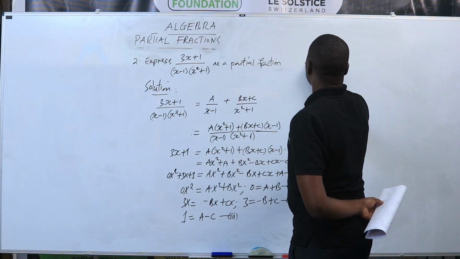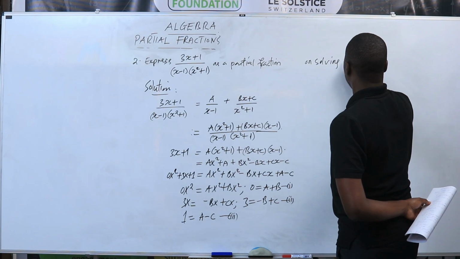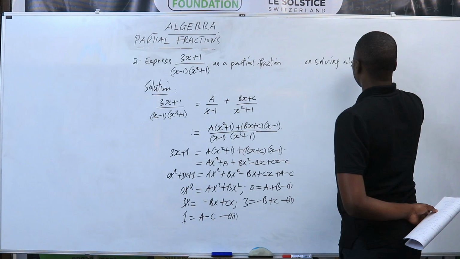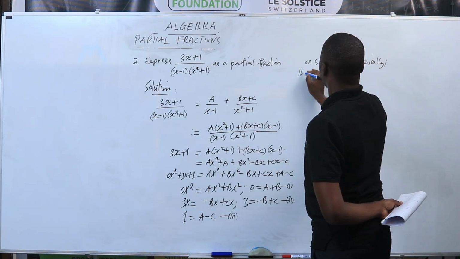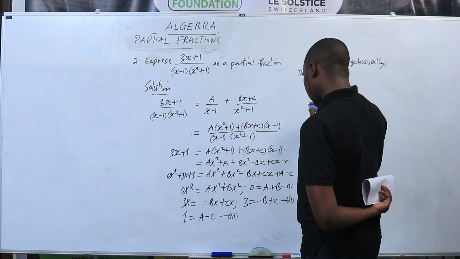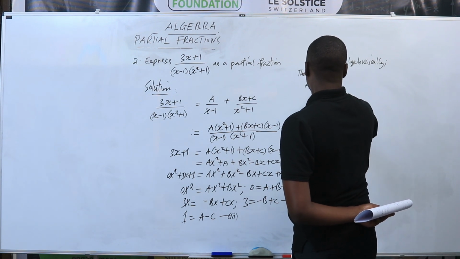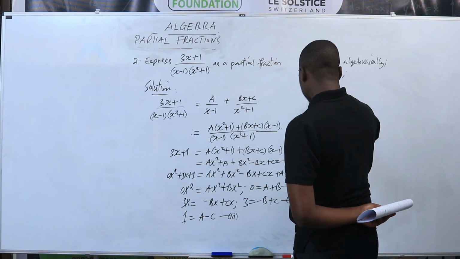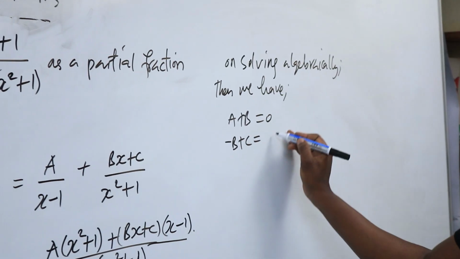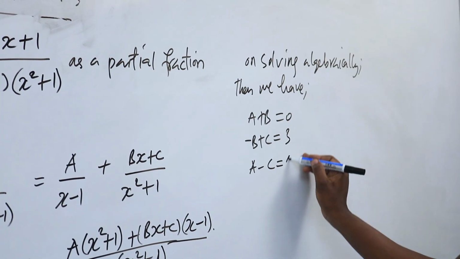So on solving now, on solving algebraically, then we have a plus b equals to 0, then negative b plus c, the second equation, equals to 3, and the last one, a minus c, equals to 1.